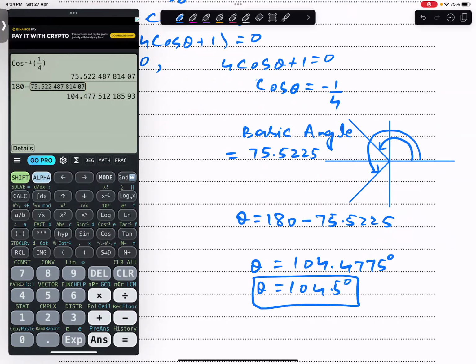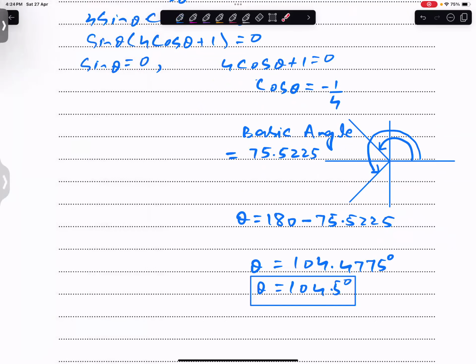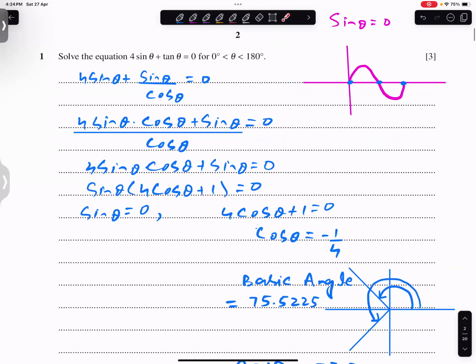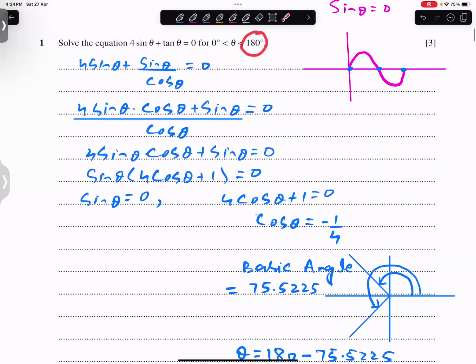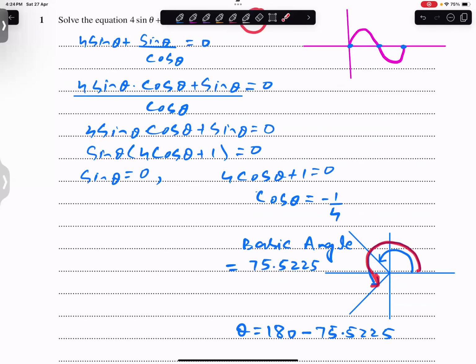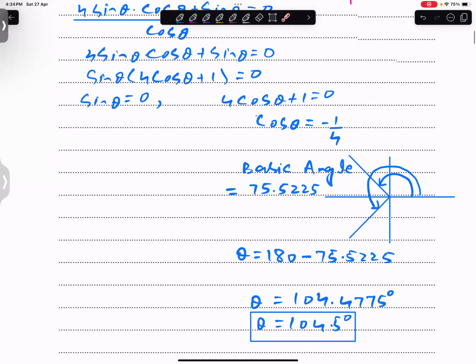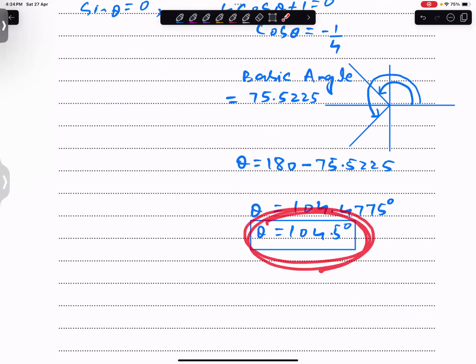This is my final answer. We can find the next answer also, but as you know our domain is till 180, so this is bigger than 180. So let's say if your domain was 360, then you have to find the second angle also, okay? But for this question, you have only one answer, and that is theta equals 104.5 degree.